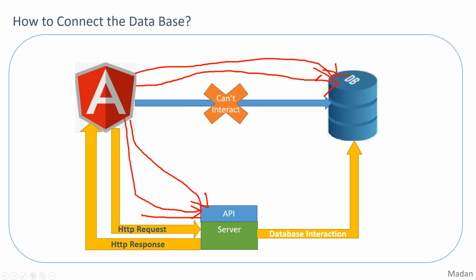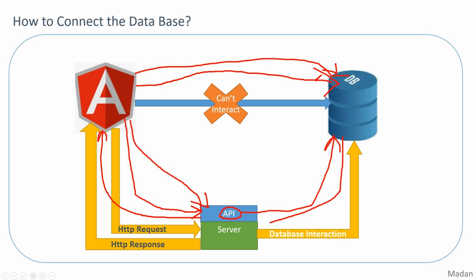So how do we do that? By using the HTTP service in Angular, we can communicate with the API. Once Angular requests data from the API, the API contacts the DB, and the DB gives the data to the API.